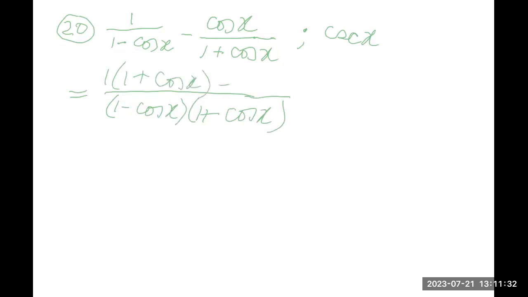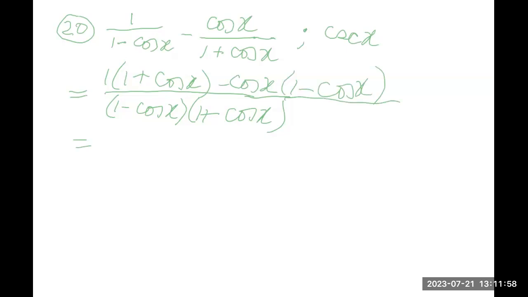In the second term, to get that denominator, you have to multiply top and bottom by 1 minus cosine x. So that's cosine x times 1 minus cosine x. And then we distribute the 1 and the cosine x in the numerator.